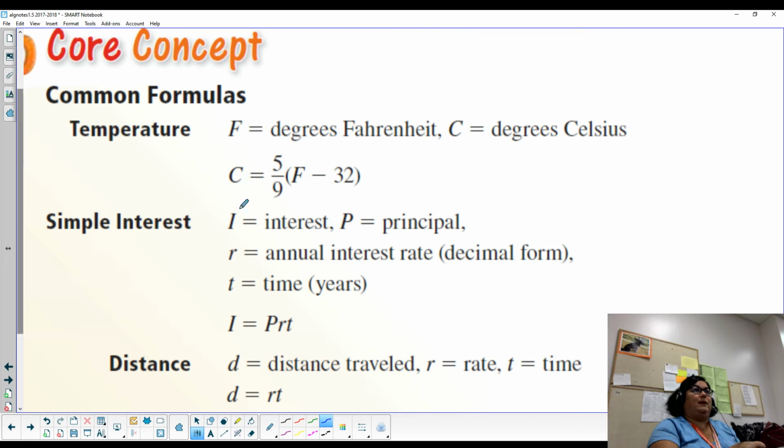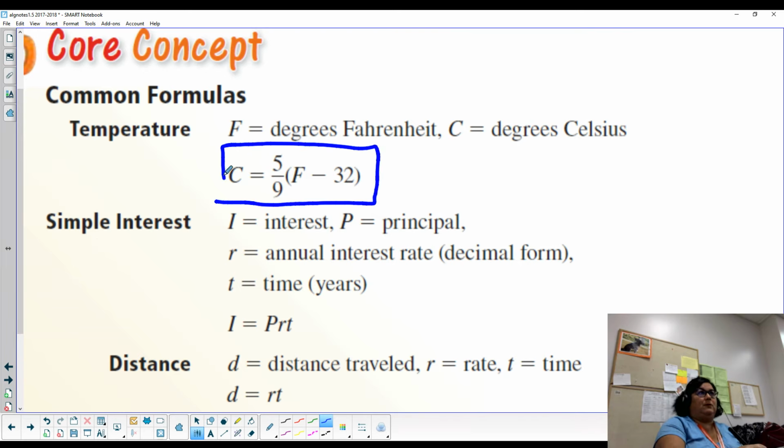So if we have this formula here, 5/9 times the quantity f minus 32, and we wanted to solve it for f, do you know what our first step would be? It would be to multiply both sides by 9 over 5, the reciprocal.